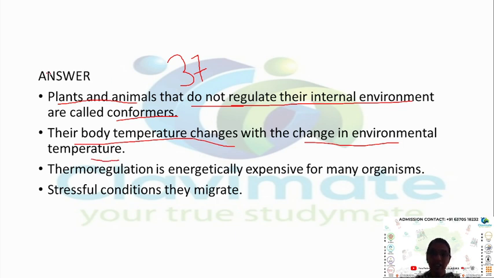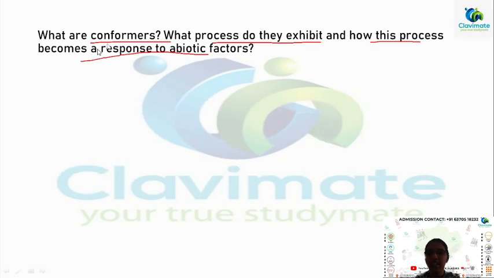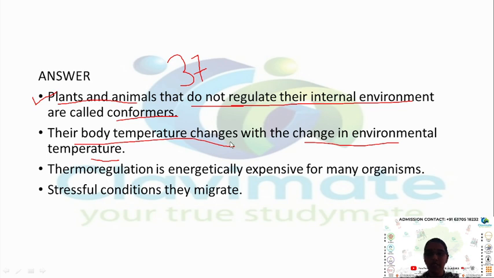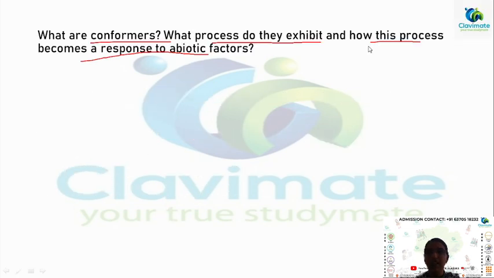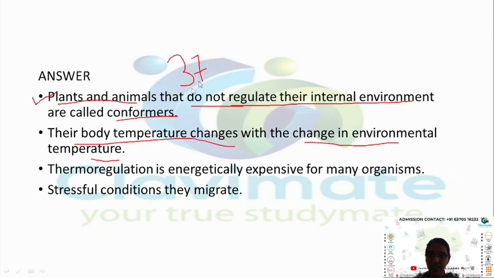So as we see, the first part of the question is what are conformers, and the second part, what process do they exhibit. They change their body temperature with the change in environmental temperature. Okay, and the third question, how this process becomes a response to abiotic factors.